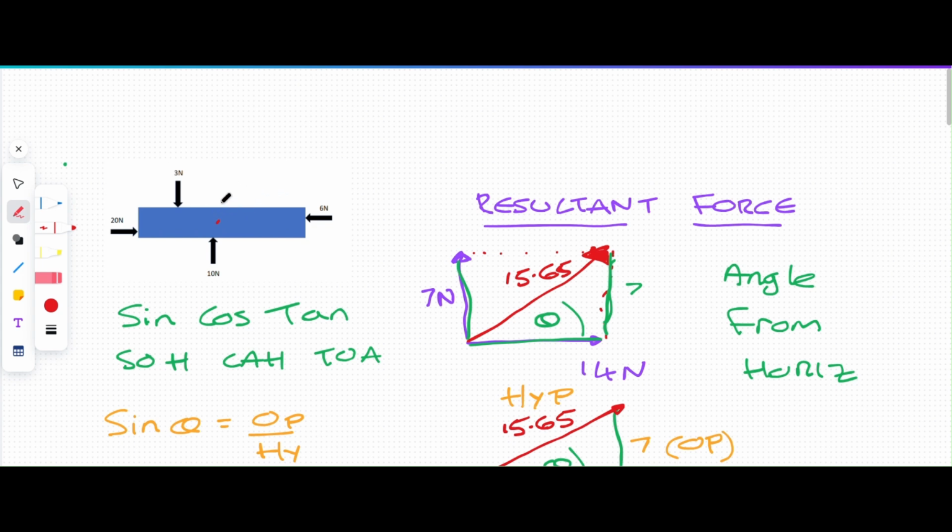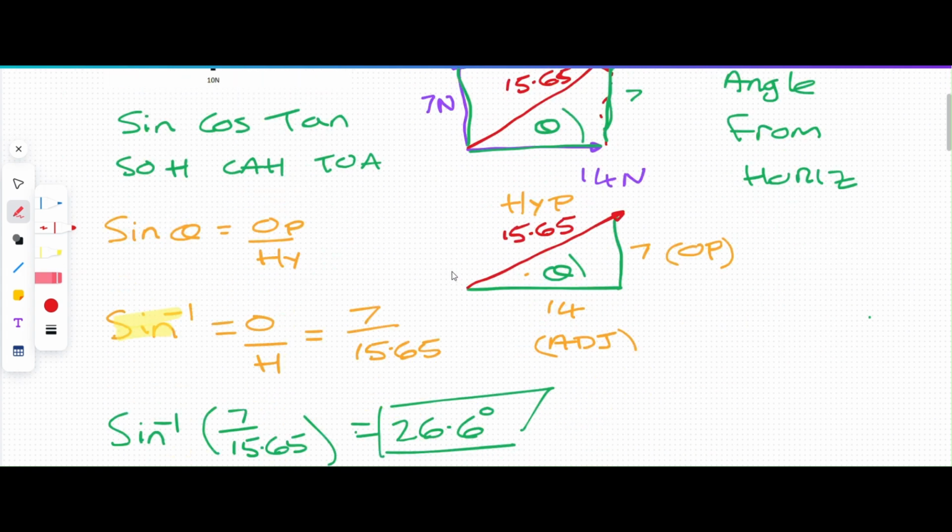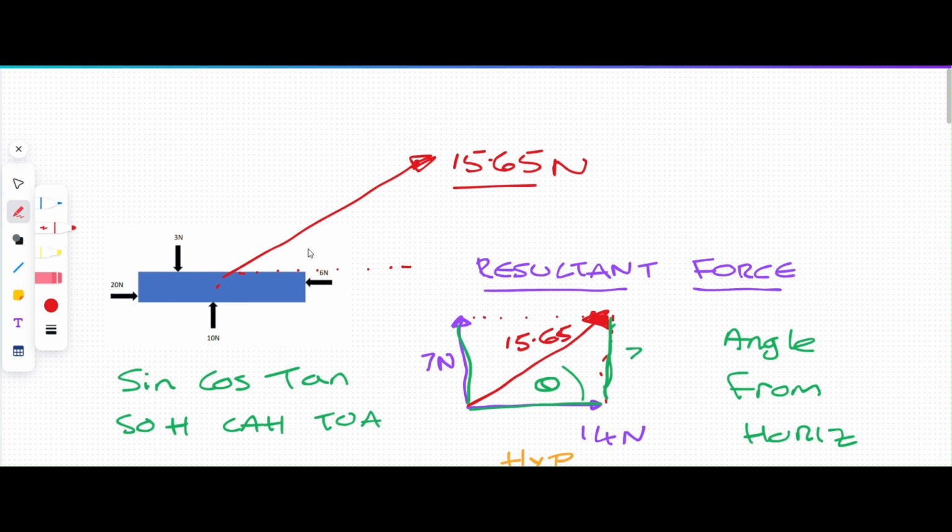This thing wants to try and go up like this at 15.65 newtons, and the angle in here, what do we say, 26.6 degrees in there, look. So the resultant force is 15.65 at 26.6 degrees from that horizontal there.